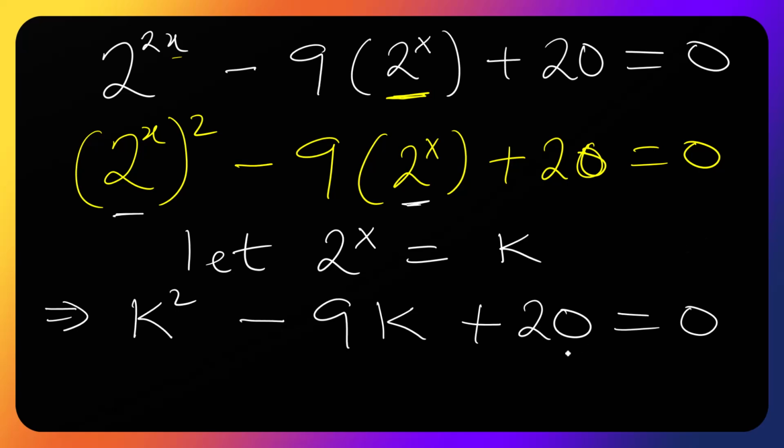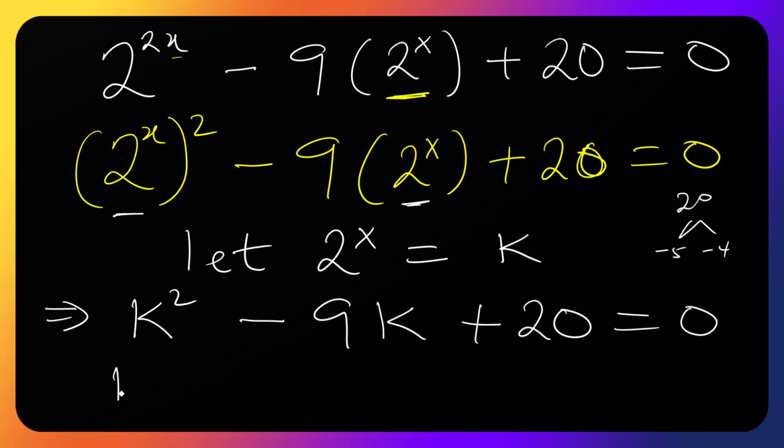So let's find 2 numbers that when we multiply them, we get 20, but when we add, we get the coefficient of k. And that will be minus 5 and minus 4. Minus 5 times minus 4 is 20. Minus 5 plus minus 4 is minus 9.